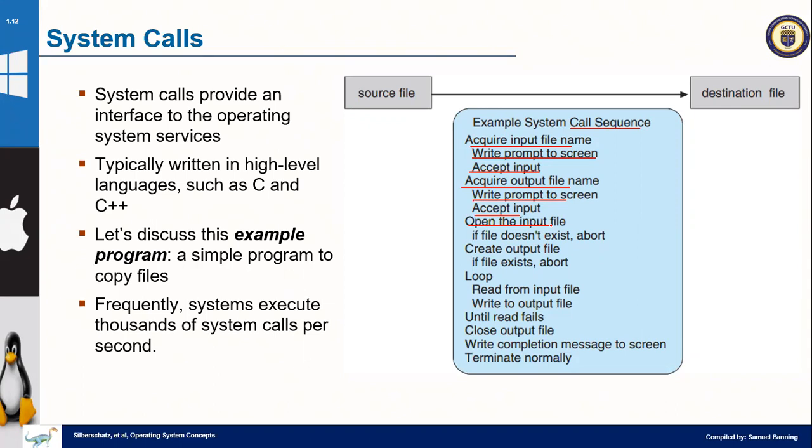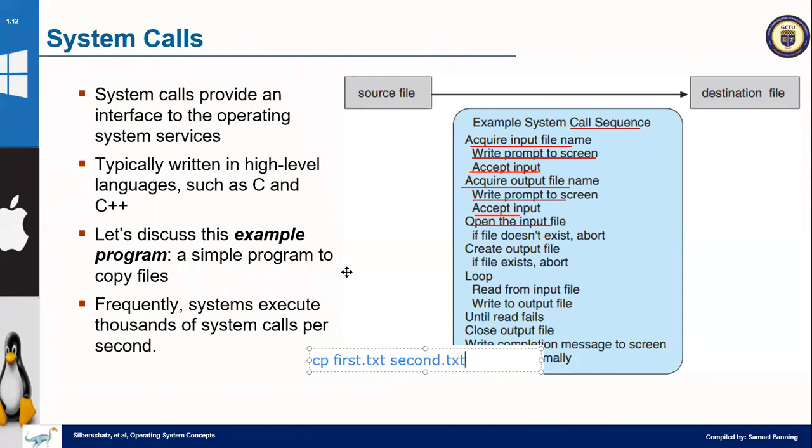Let me write the command line. If you want to copy a file, what command do you give in the command line? You do cp first.txt to second.txt, let's say we are copying a notepad file.